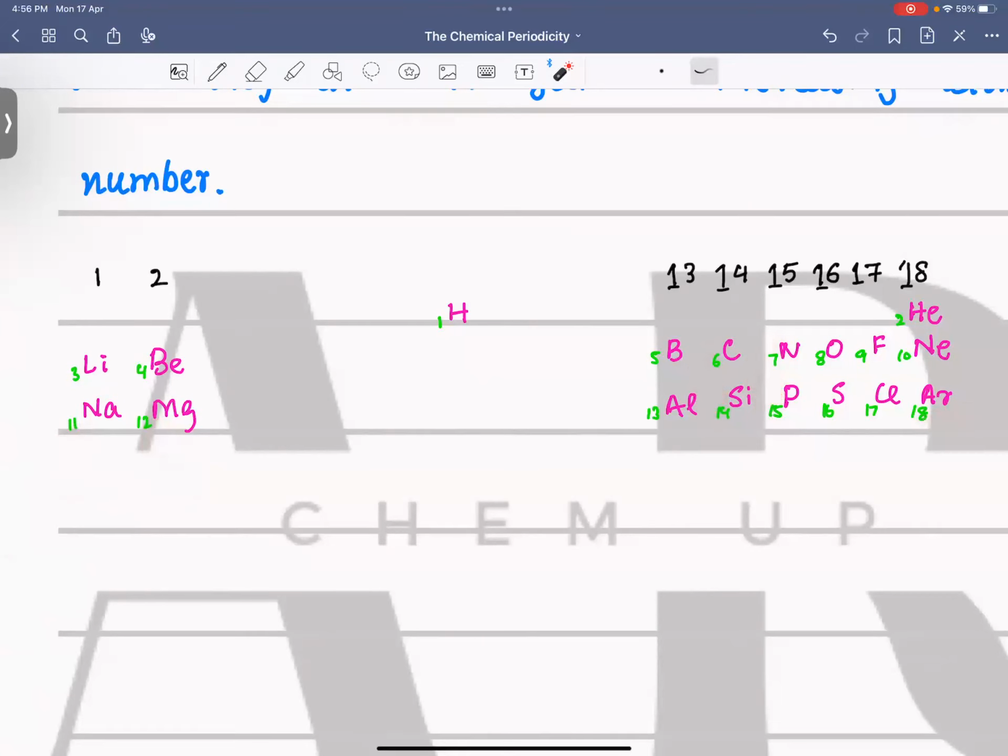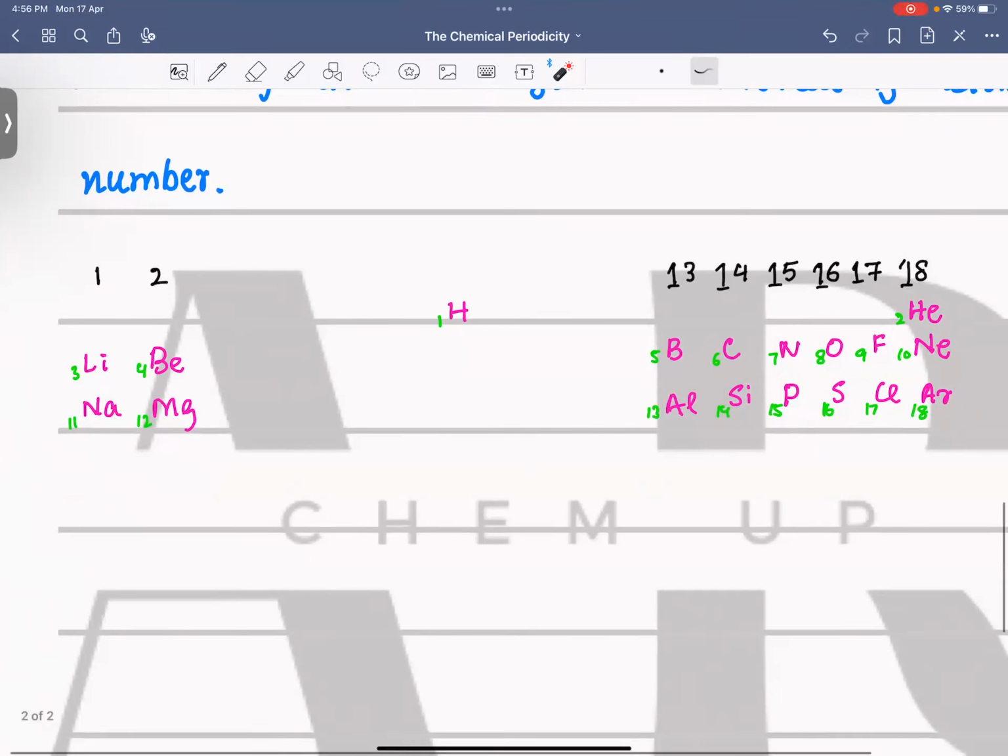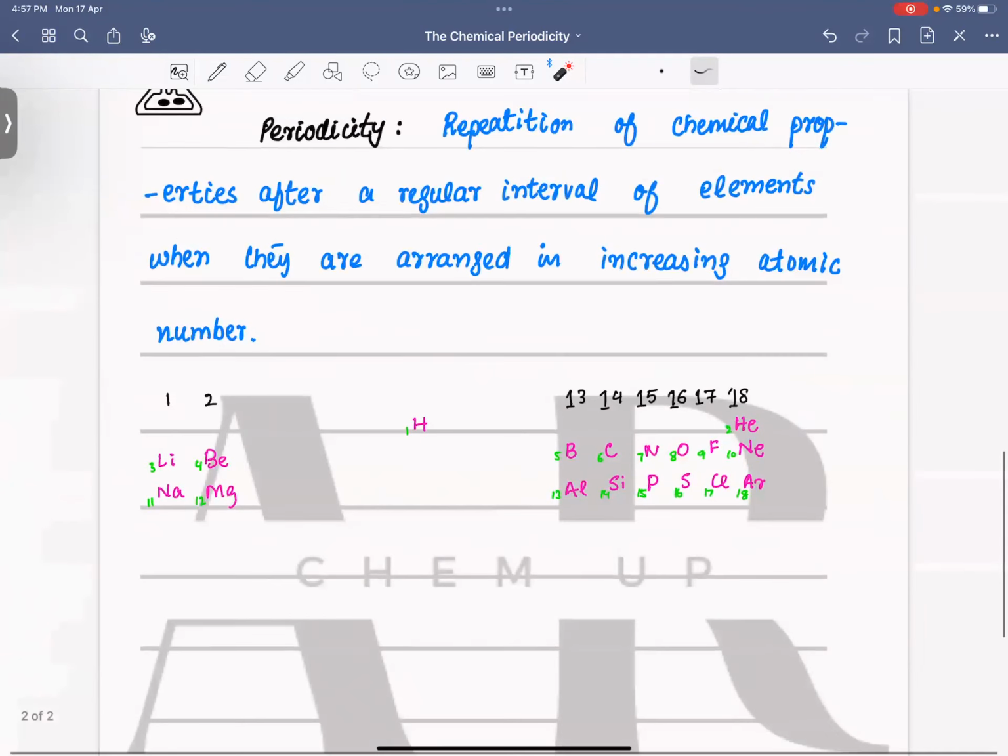So see, at every ninth position, when we arrange the elements in such a way, every element which comes at the ninth position has the same electronic configuration as the one above, and that's why their chemical properties are repeated, and we observe the regular repetition of chemical properties at the ninth element. So that is called occurring at a regular interval. Is this understandable? This means periodicity.